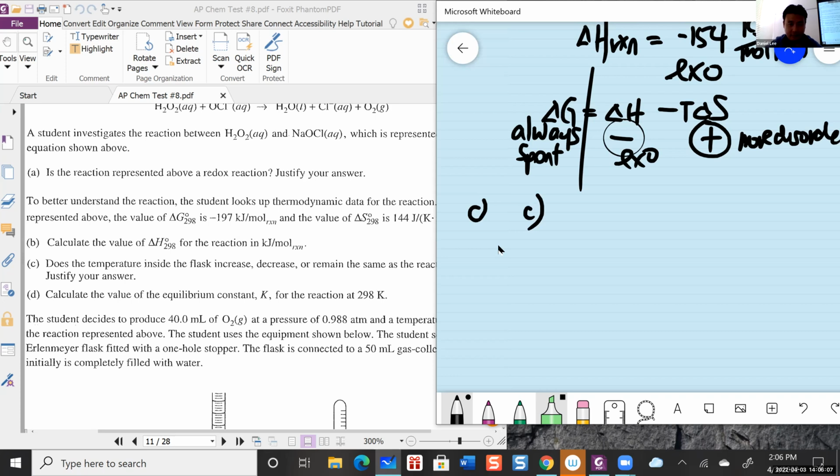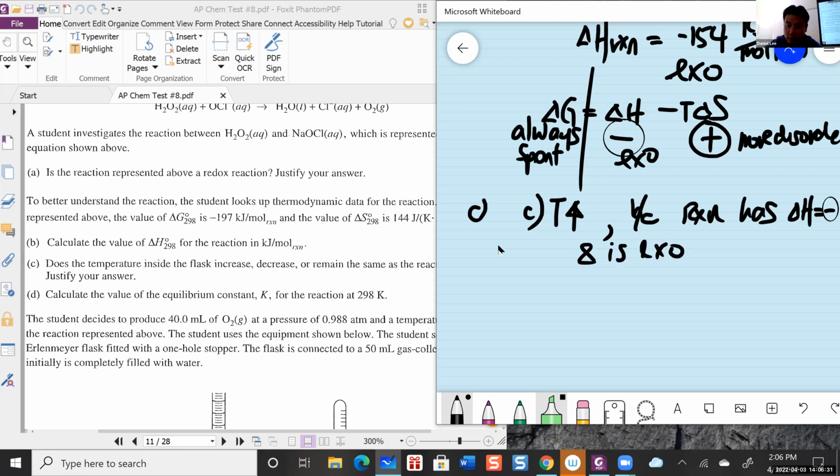You have to say the reaction releases heat, it is exo. So increases. Don't abbreviate on the test. I'm abbreviating right now, yeah? Because the reaction has negative delta G, delta H, I'm sorry, and is exothermic. That's the key word they want to hear.